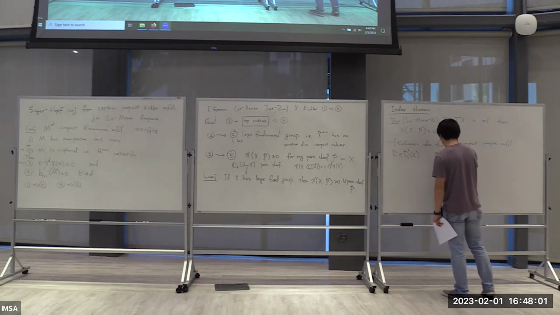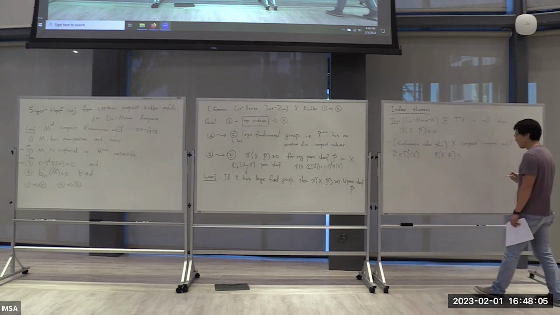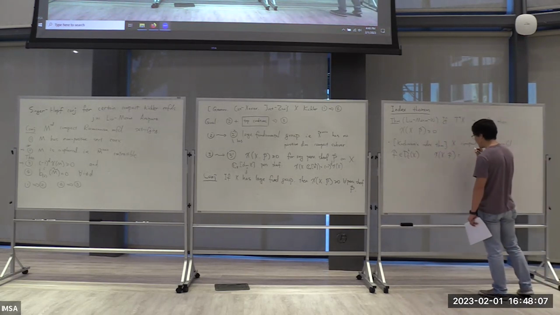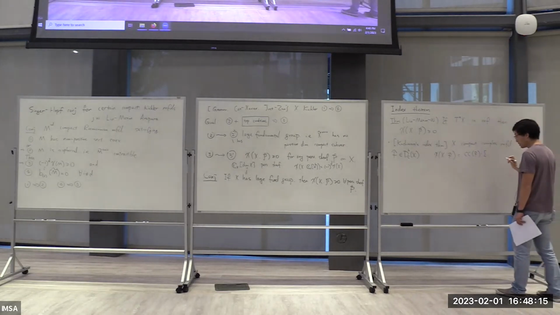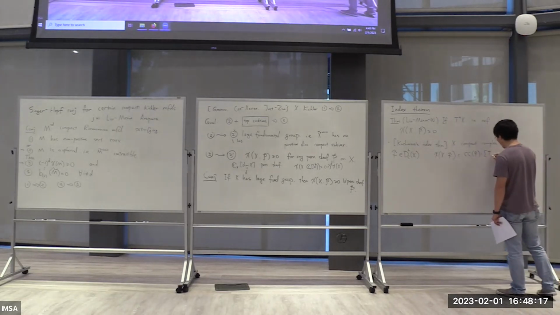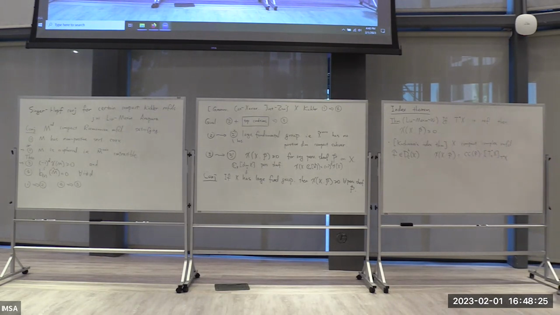If you compute the Euler characteristic of F, it has an intersection theoretic interpretation: the characteristic cycle of F intersected with the zero section of the holomorphic cotangent bundle, and the intersection happens in the cotangent bundle.